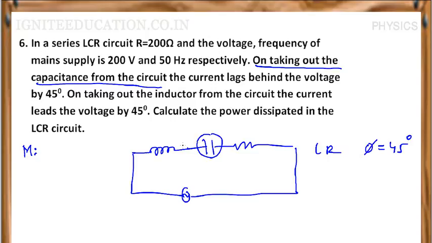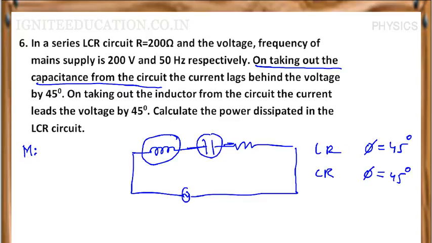Next, remove the inductor and connect the capacitor with the resistor. That will become a CR circuit. At that moment, phi leads by 45 degrees, which means the phase difference is phi equal to 45 degrees. That is happening when you are connecting one after the other. These two are the conditions given.